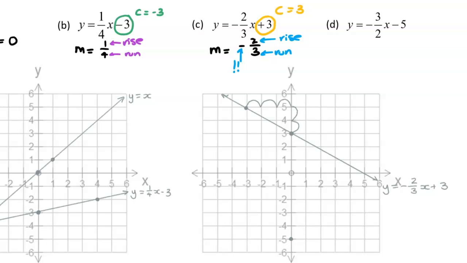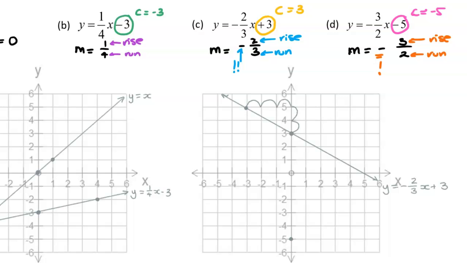Firstly, I jumped the gun a little bit there. I know that c equals minus 5. So I've already drawn that on my graph. I got a bit ahead of myself there. Now we know that m is going to be negative 3 over 2. So that tells us the rise, I'm going to rise up by 3. And this time we're going to run, because it's negative, we're going to run to the left 2 places.